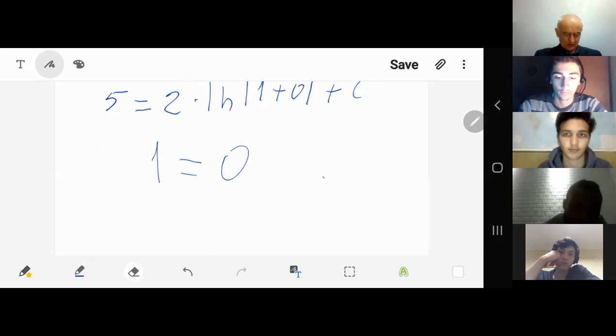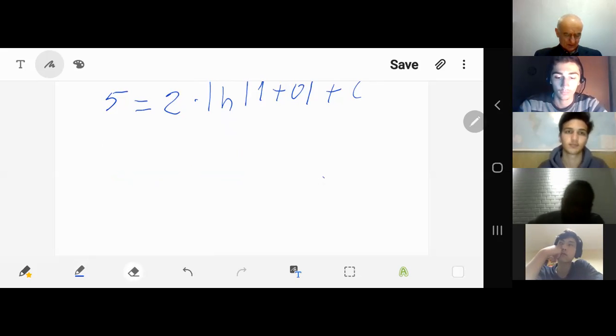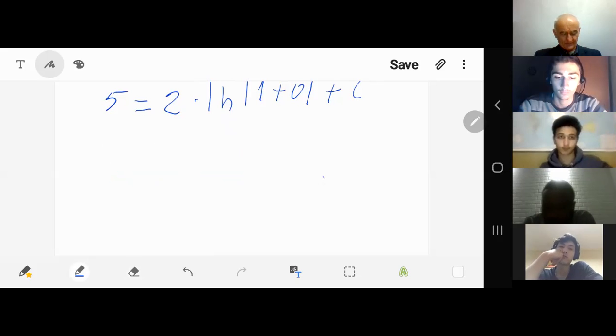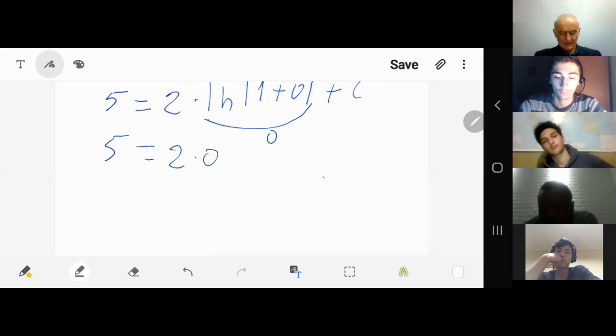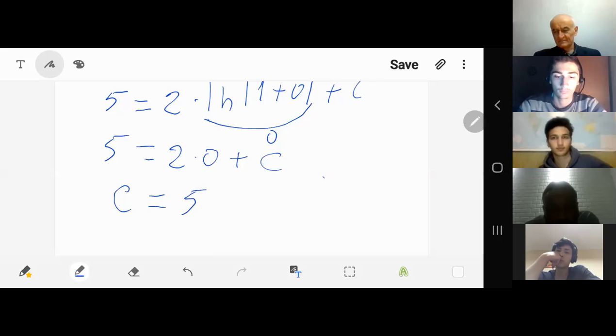Okay, so here we have 5 equals 2 times ln 1. 2 times ln 1 is 0. So 2 times 0 plus c. And what it means is that c, our constant, is 5.